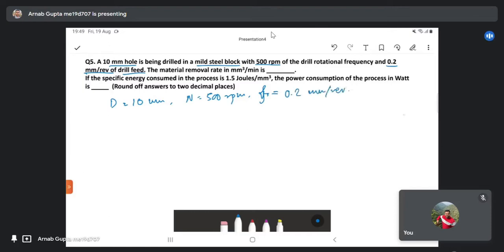So drilling operation, if you try to visualize, this is the material that you want to remove from the workpiece, and you have a drilling tool here.